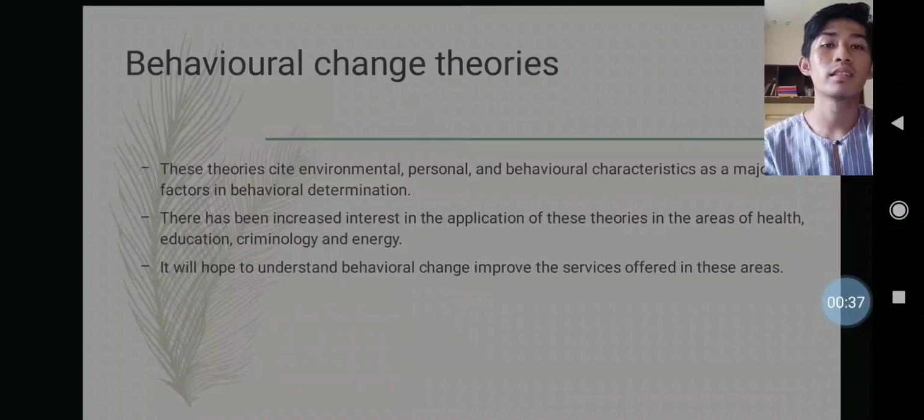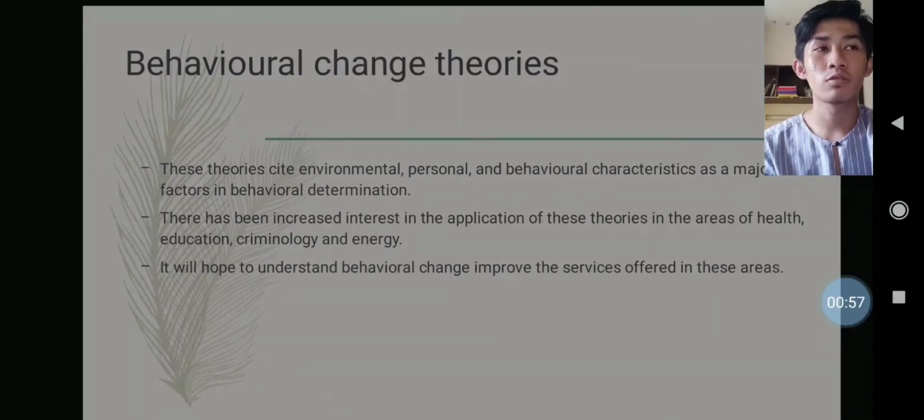Nowadays there has been increased interest in the applications of the theories in the area of health, education, criminology, and energy. It is hoped to understand behavior change and improve the service offered in this area.